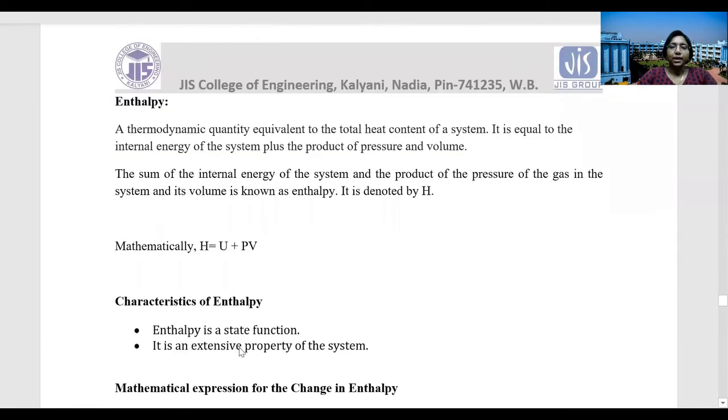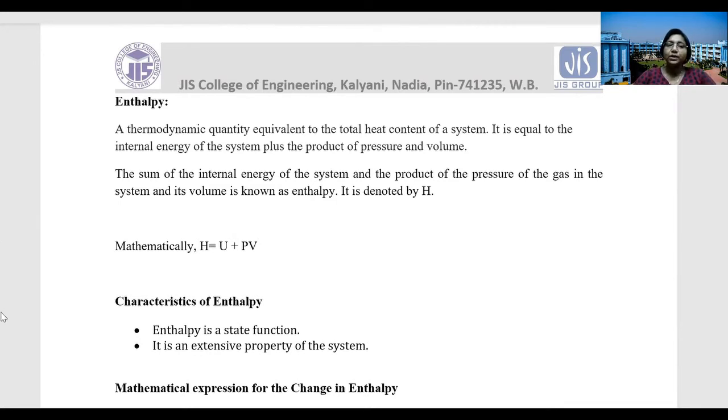Now the enthalpy. What is enthalpy? Enthalpy is a thermodynamic quantity equivalent to the total heat content of a system.